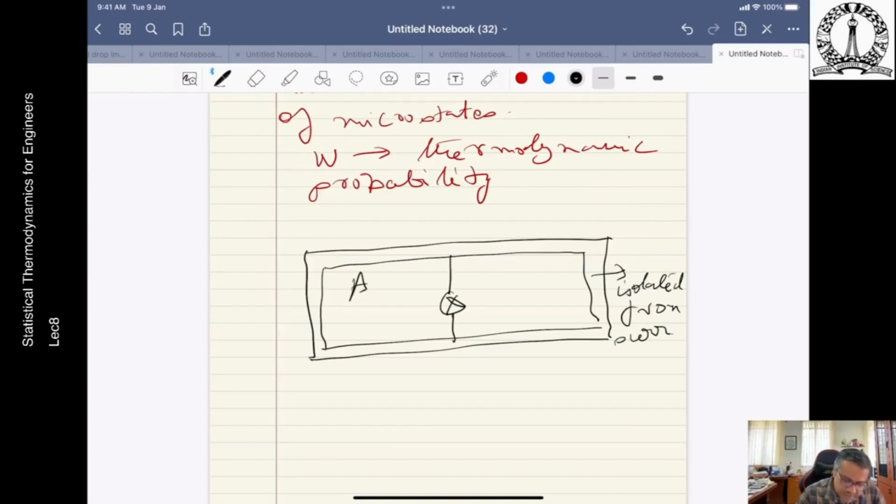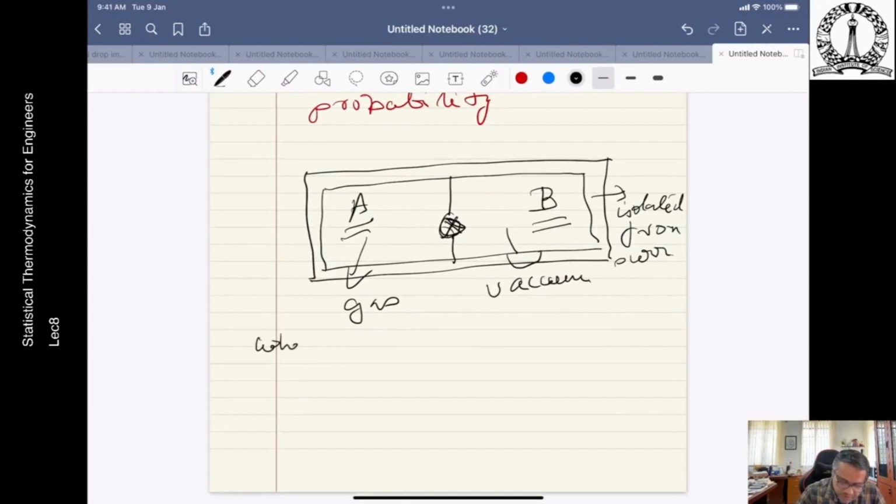There is a part of the chamber A and there is a B. A has got a gas, B is vacuum. So this is a valve separating chamber A from chamber B, and there is a gas in chamber A.